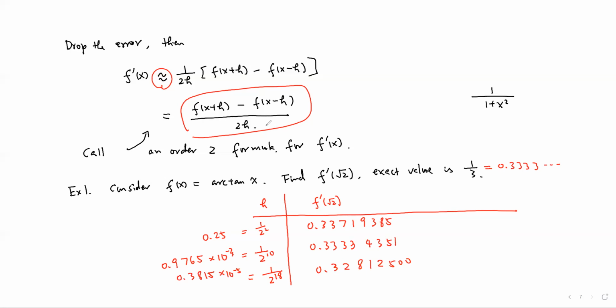Why? Because when h is too small, round-off errors start to ruin your result. Round-off errors start to dominate your computation. So this solution is worse than that solution because of round-off error. So h cannot be too small. This is today's class. Let me stop here.